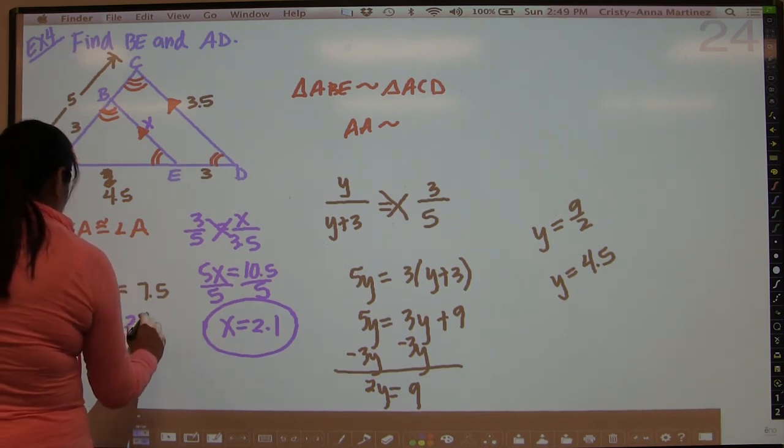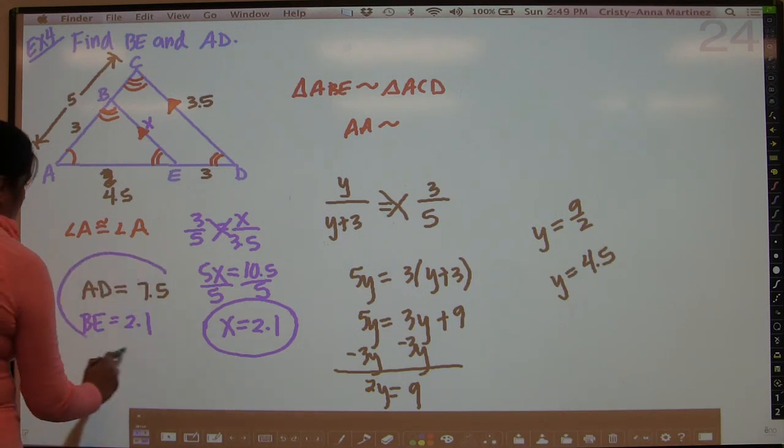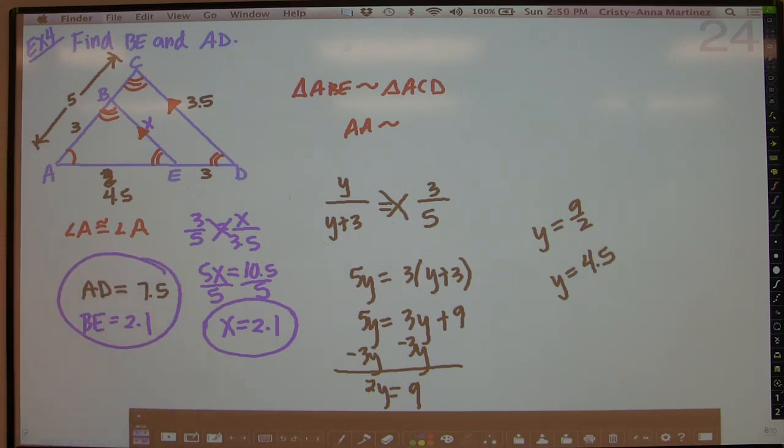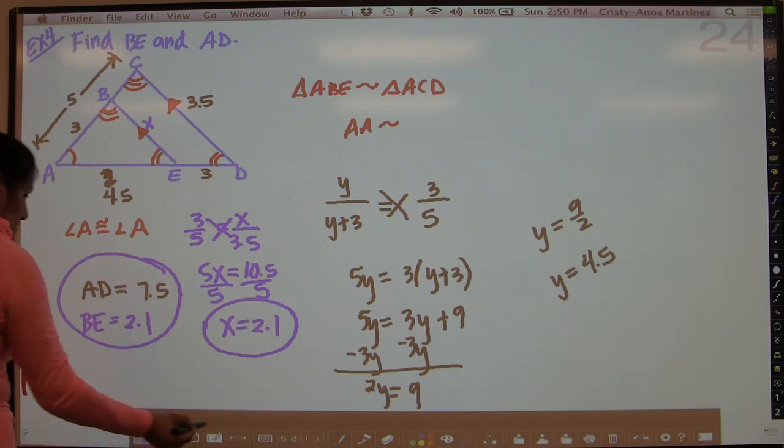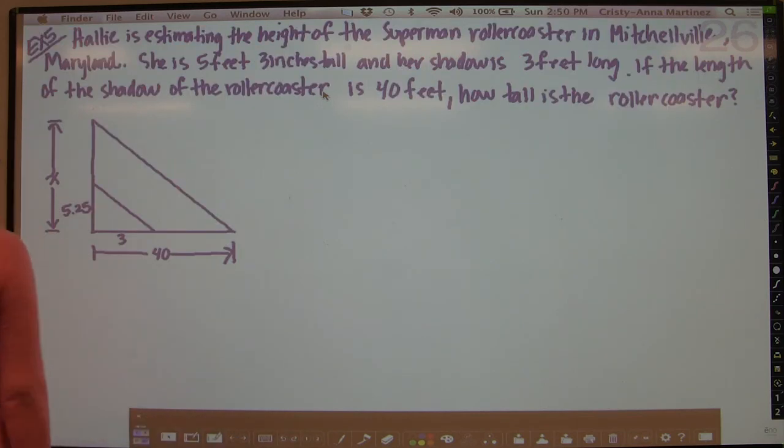BE equals 2.1. So AD equals 7.5, and BE equals 2.1. So those are our two answers right there. And so now we're going to have you try something similar with these two diagrams. And then we're going to go to our last example, which is using indirect measurement.